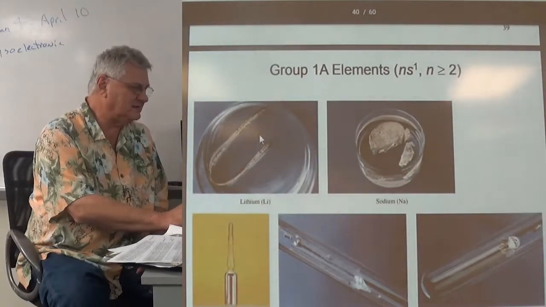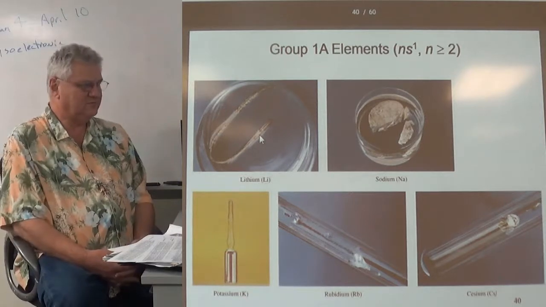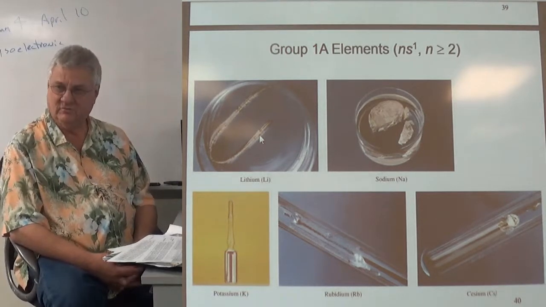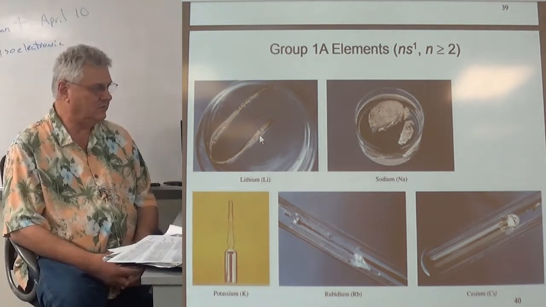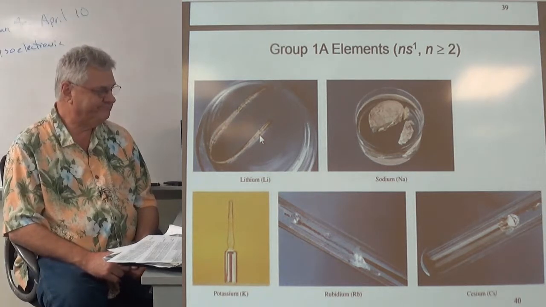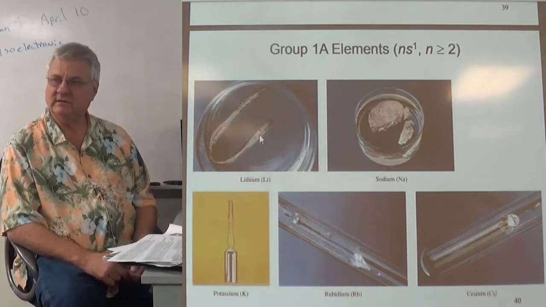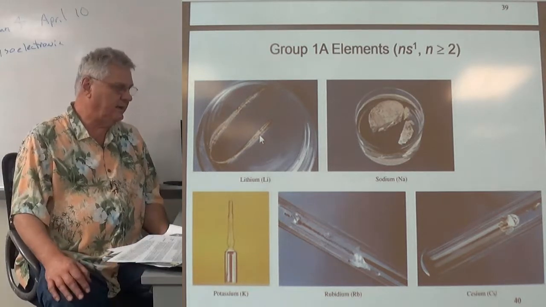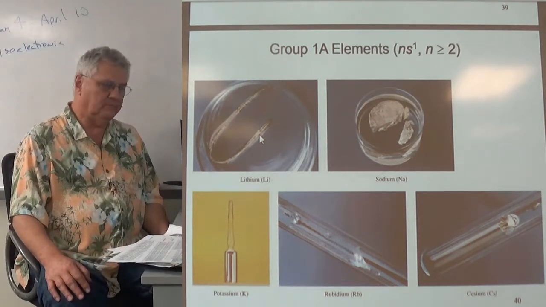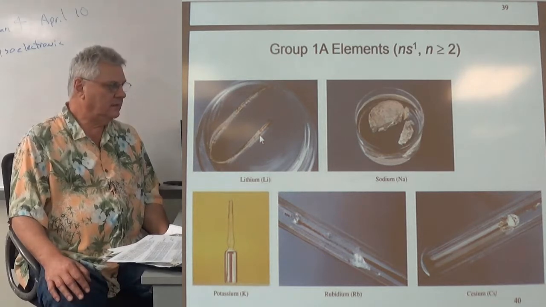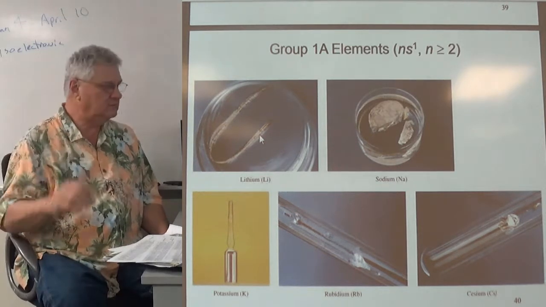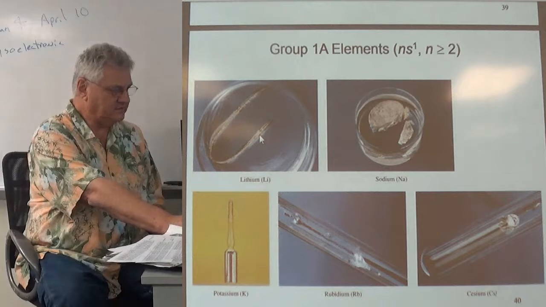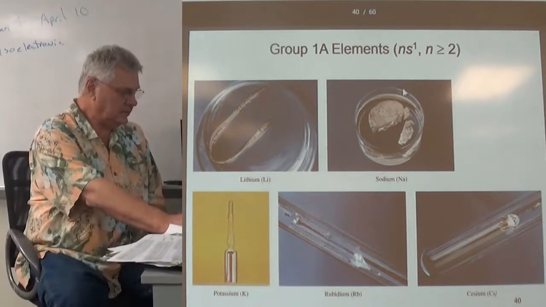Now the rest of this chapter just discusses the general properties of each group based on what we learned involving electron configurations. Group 1A, the alkali metals, have one valence electron. It's in an s orbital.